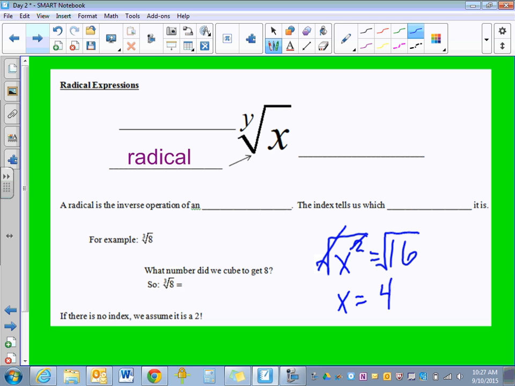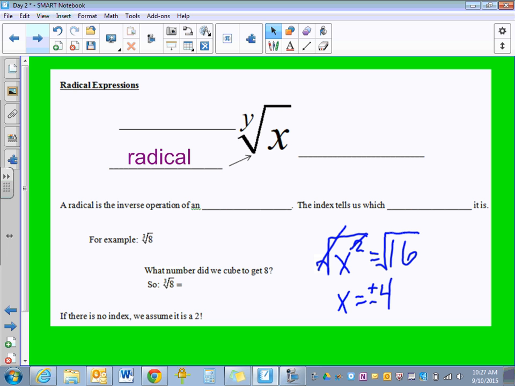Now, we'll learn this later when we actually start solving. I can have either positive 4 here or negative 4, because 4 squared is 16, and negative 4 times negative 4 is 16. But we'll get into that more later. I just want you to see why we have this thing called a radical.